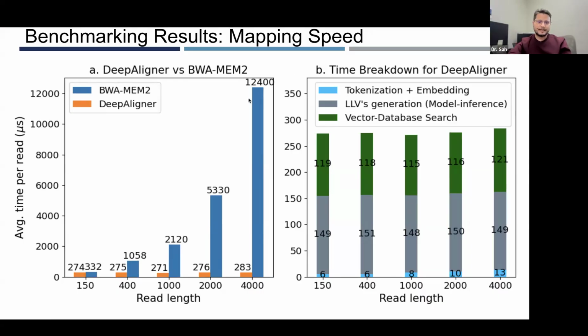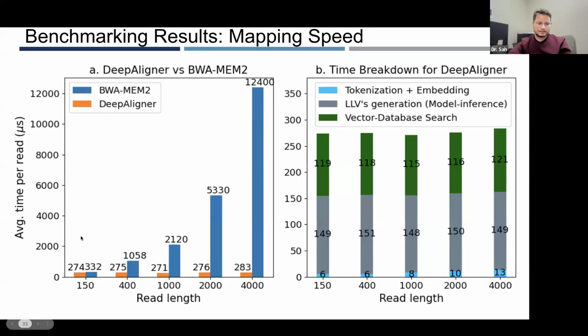Therefore, I would like to analyze my pipeline on the basis of speed. So if you see here, DeepAligner is my proposed pipeline, and BWA-MEM2 is the closest competitor.